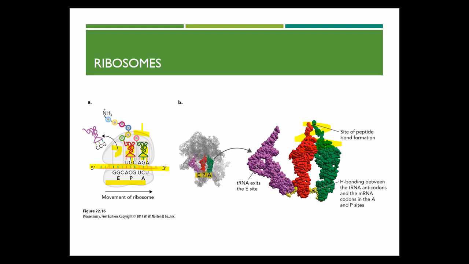There's also a channel that connects the site to the back of the ribosome through which the peptide exits the ribosome during synthesis. And right here is that channel where the growing peptide chain can exit.